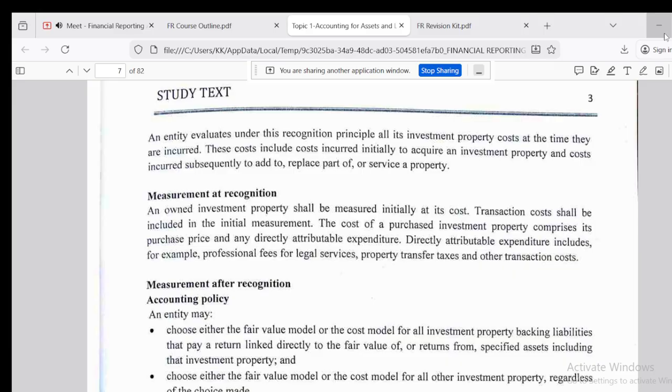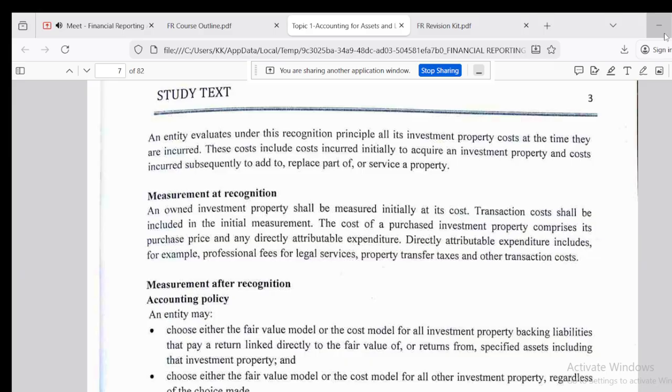So the professional fees for legal services, for example, when you are obtaining land, you must have a lawyer, an advocate. It is a must, for it to be done in a way that is recognized by the law of Kenya. There should be an advocate.